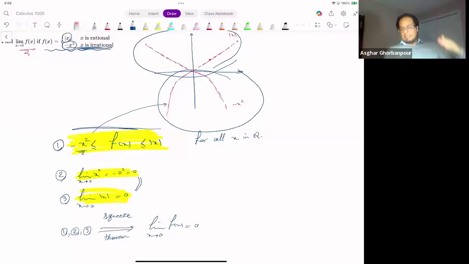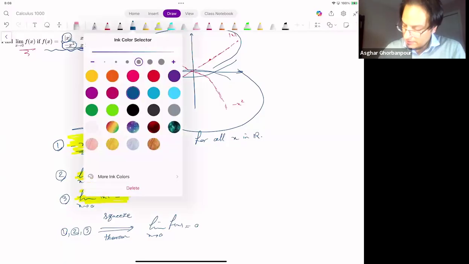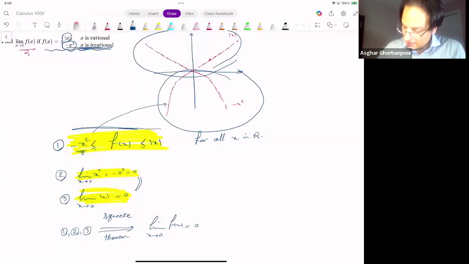Now what I'm saying is that if your function is taking either that formula or this formula, then the whole function is less than the upper one and bigger than the lower one. In other words, in the graph that I drew here, see the solid functions: my function never goes beyond these two.